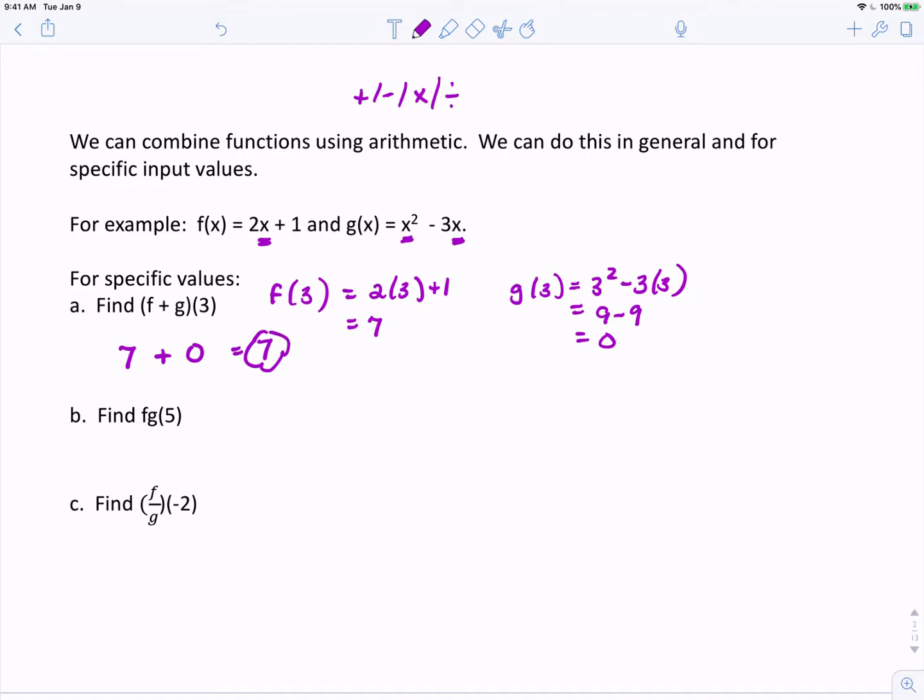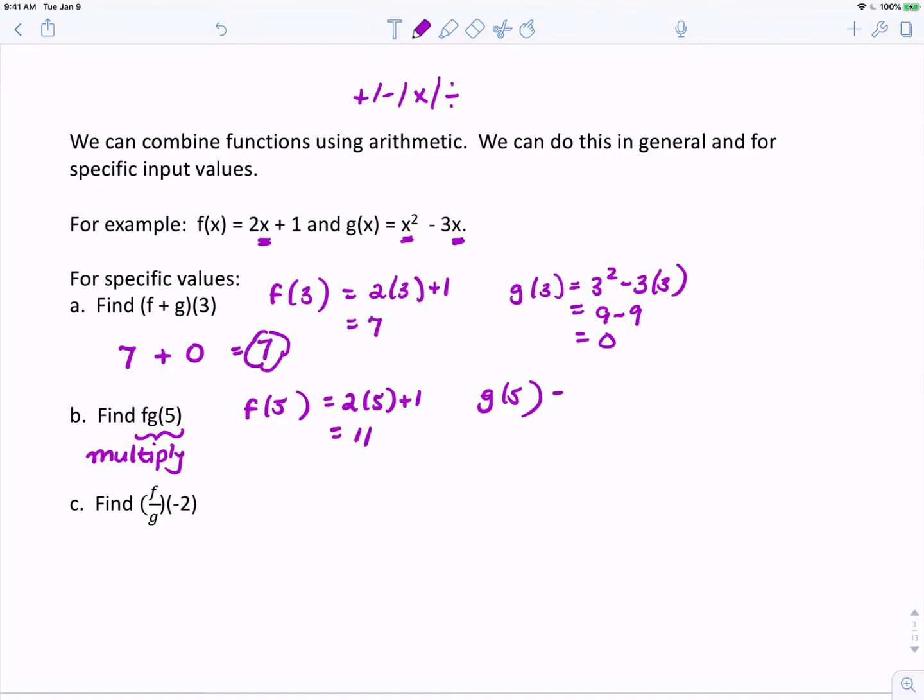Find f times g of 5. What this means is we're going to find f of 5, and then we're going to find g of 5, and then we're going to multiply our two answers together. All right, so f of 5 is 2 times 5 plus 1, or in other words, 11.